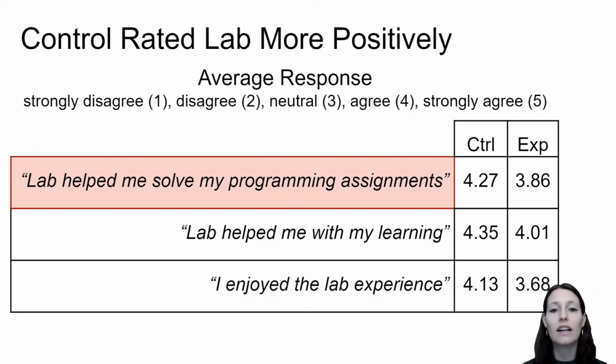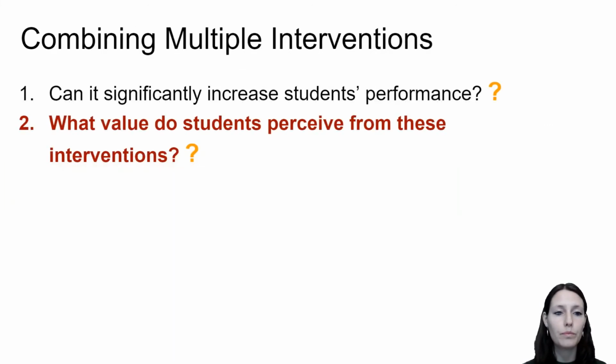This makes sense as labs in the experimental section were done almost solely on paper, whereas the students in the control group completed all of their labs on the computer using programming. Therefore, it's easier for them to see a direct connection to their programming assignments. So once again, we're not sure.